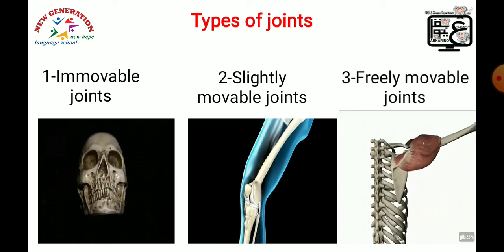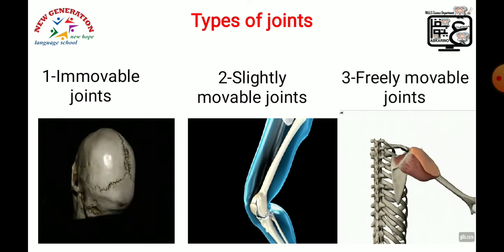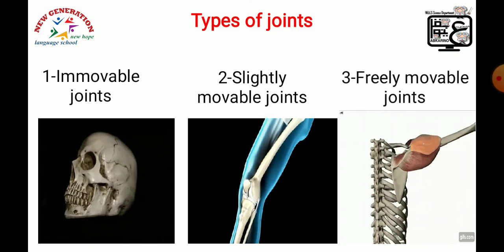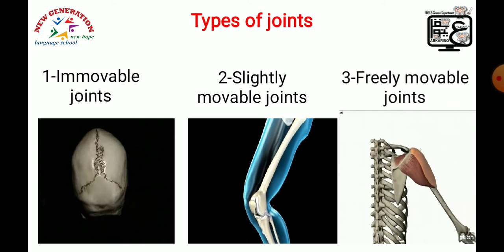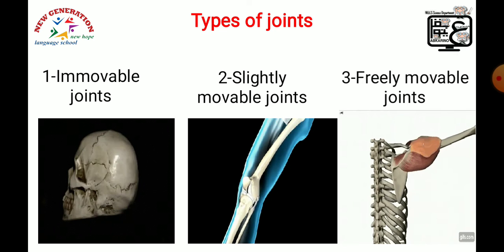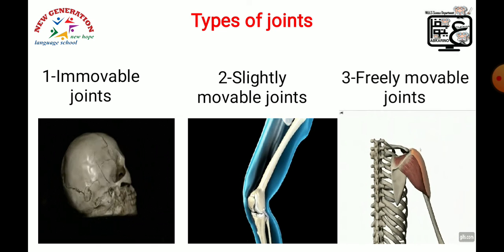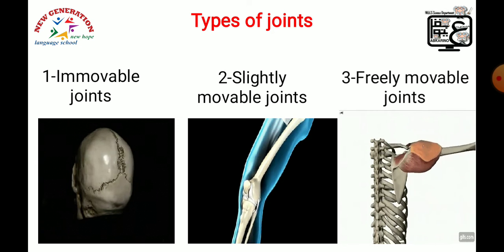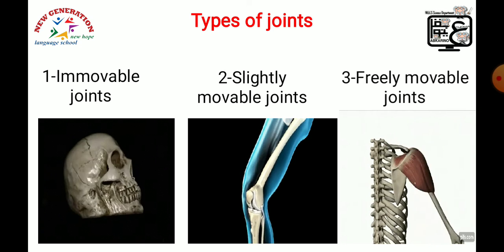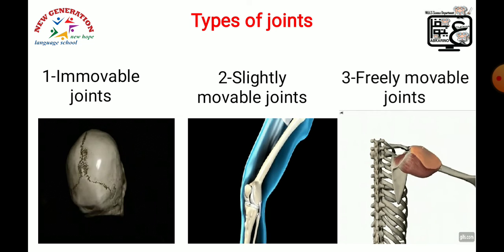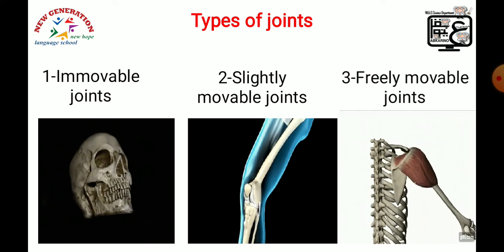Number 2, slightly movable joints allow movement in one direction only, for example, knee and elbow joints. And finally, freely movable joints allow movement in all directions, for example, shoulder, wrist, and ankle. Amazing.